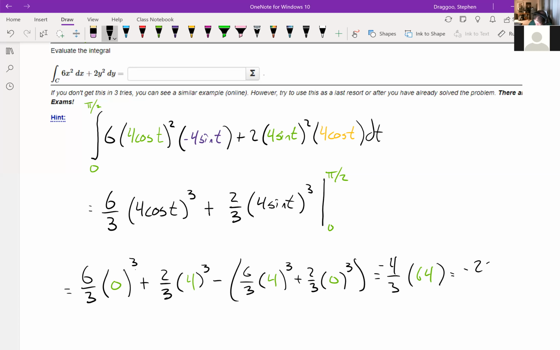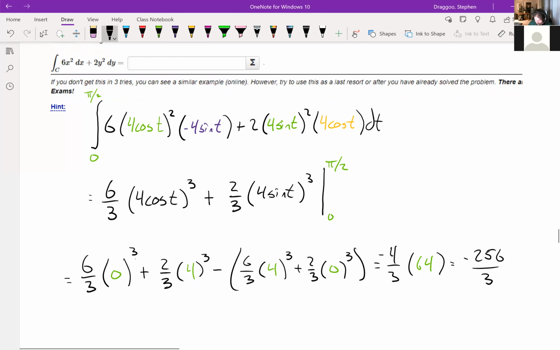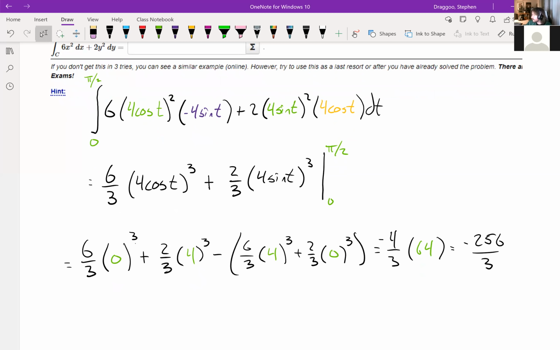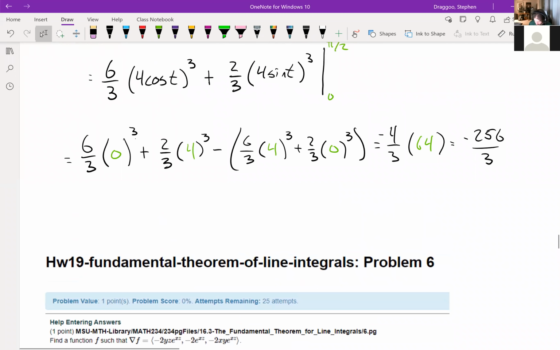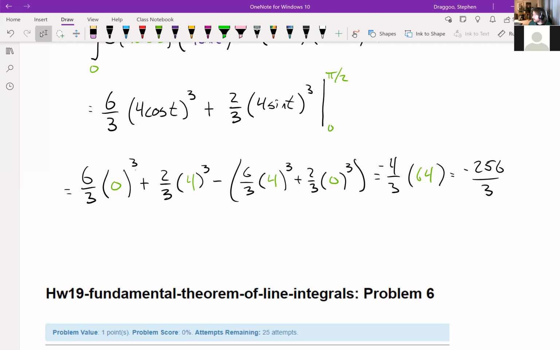So negative 256 over 3. All right, and is that the end of the problem? Nope, I have one more. Oh, right, conservative vector fields is the last step.